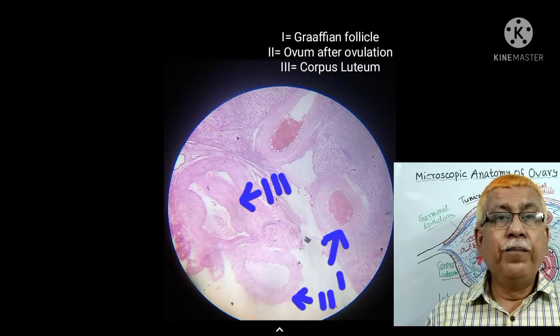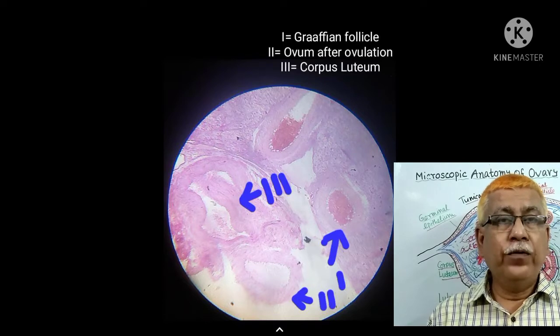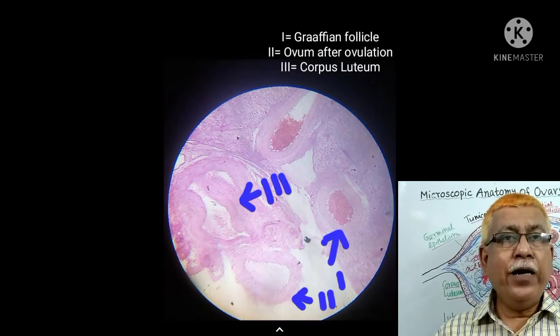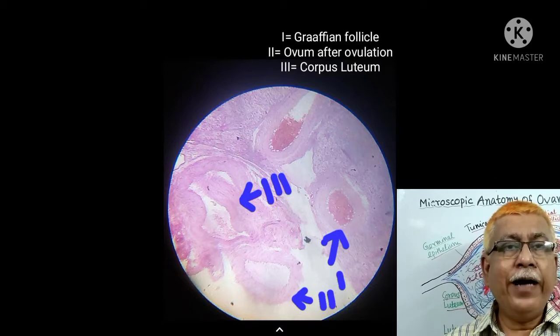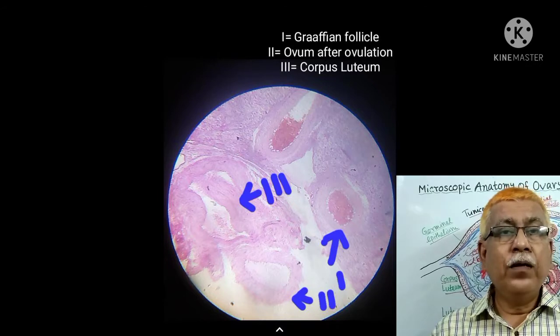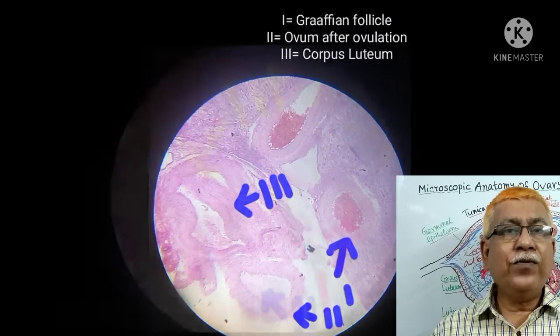This is microscopic view of TS of a portion of human ovary. Roman 1 Graafian follicle, Roman 2 ovum after ovulation, and Roman 3 corpus luteum.